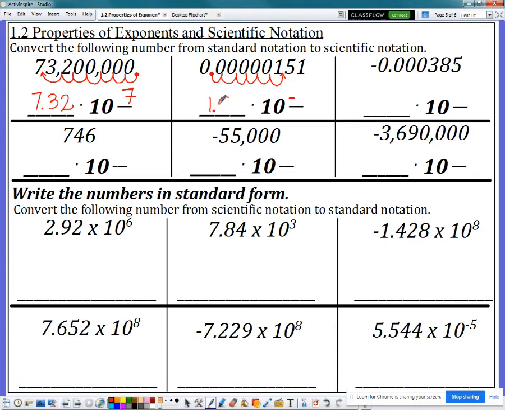So 1.51 times 10 to the 1, 2, 3, 4, 5, 6. I moved my decimal 6 times. And it does have to be a negative because that number, once again, is small.